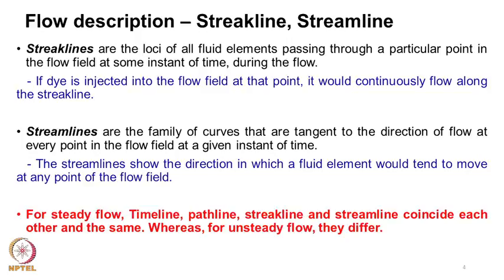We know a flow can be steady or unsteady. So, in a steady problem all these 4 descriptions, path line, timeline, streamline, streak line, will all be the same. They will be different for unsteady flow, and this is to be noted very carefully.